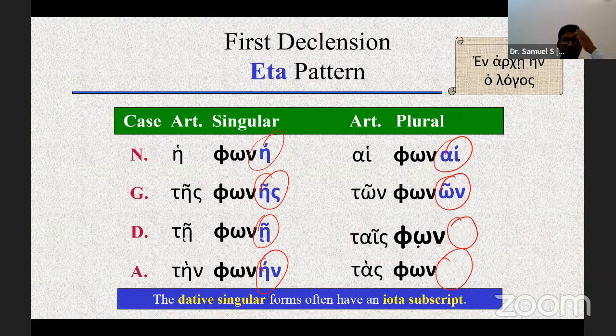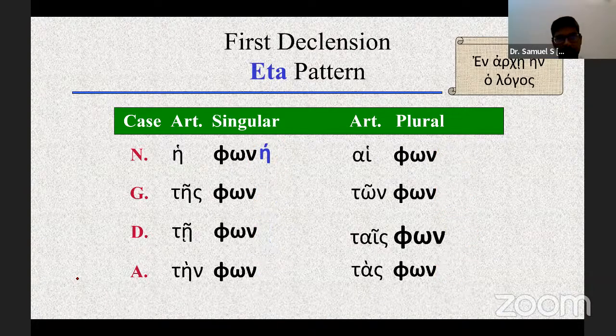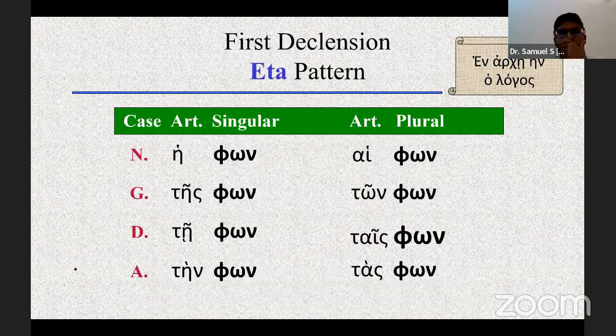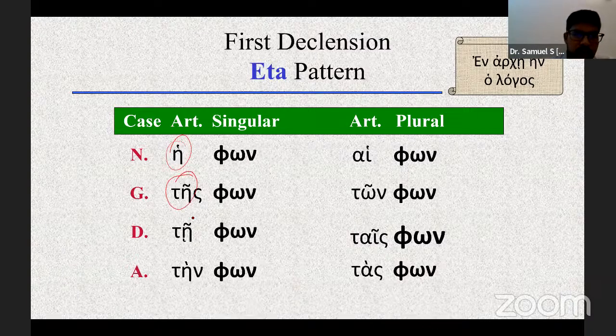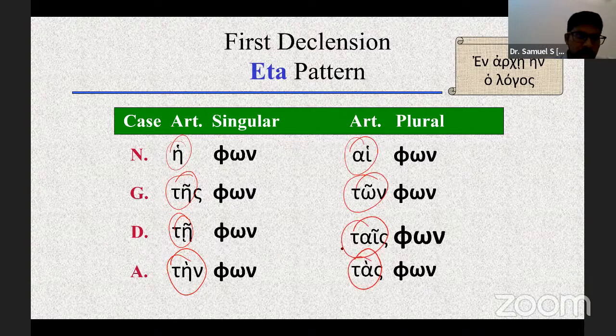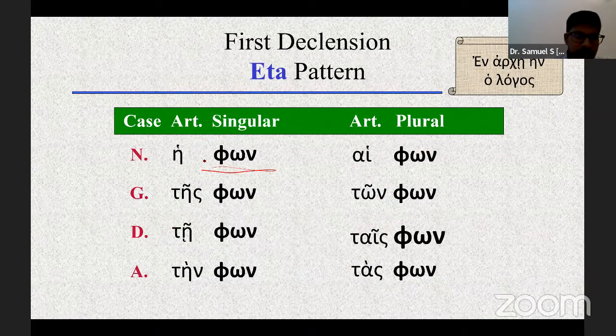Let's walk through it now. Nominative singular. By the way, you can ignore this. This is the article. We'll look at the article at the ending. For now, just ignore the article. I'll only read out the noun part.